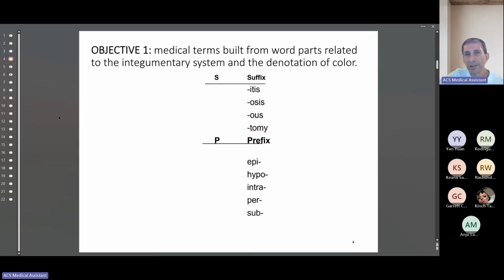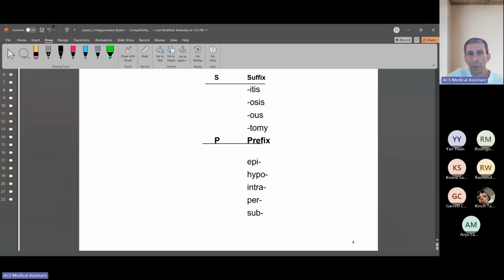Okay. Let's talk about suffixes and prefixes, because we're going to use these word roots, these colors, and we're going to add a suffix. Remember, the suffixes are always attached to the end of the medical term. So some of these are already known. Some of them, we're just going to get to know.